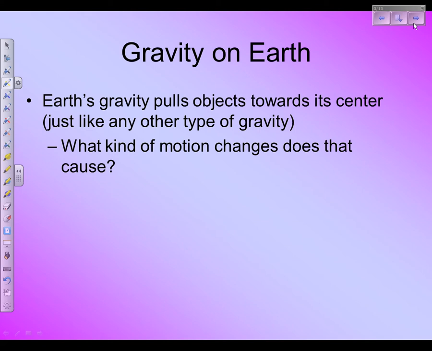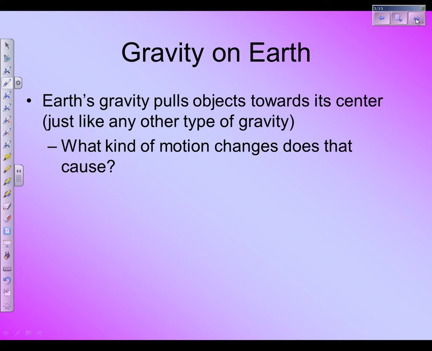What kind of changes in motion could it cause? Speeding up, slowing down, and changing direction, right? We've talked on several occasions about me taking this ball, throwing it up into the air, and catching it again, right? All three of those things happen. It slows down on the way up, it changes directions up at the top, it speeds up on the way back down. So Earth's gravity will cause that to happen.